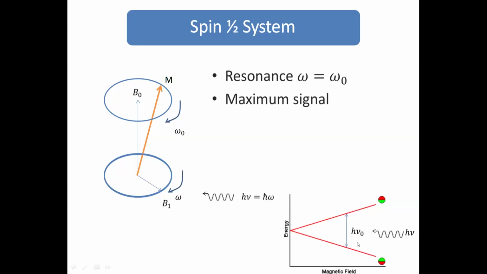There is a spin half system, and there is h nu naught, that is the energy of the electromagnetic radiation that is absorbed by the nuclei to change its spin polarization. This spin polarization changes from the ground state to the excited form, or I should say to the non-equilibrium state.